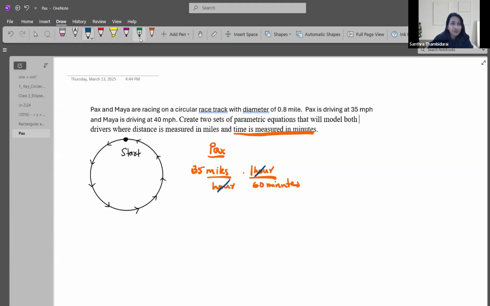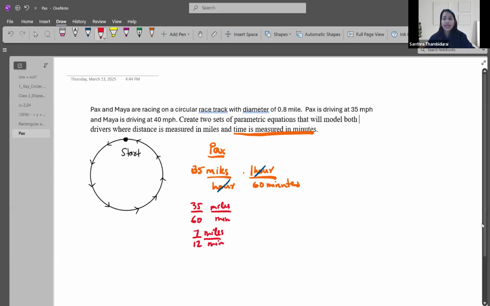So I get 35 over 60, which is the same thing as, if you divide by 5, you're going to get 7 out of 12 miles per minute. So basically 7 miles in 12 minutes, right?